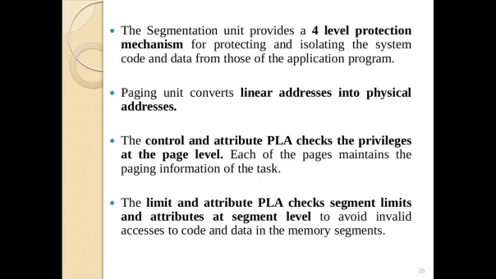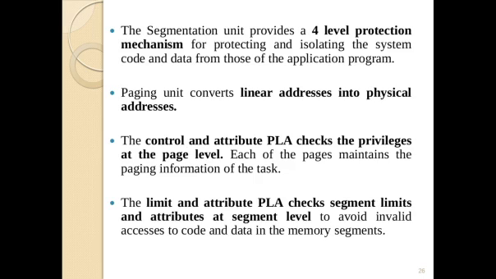By checking the privilege value, access will be provided for the page. If the page is not within the accessible limits, then there will be an interrupt or exception, because the privilege level is not sufficient to access that page. The limit and attribute PLA checks segment limits and attributes at the segment level to avoid invalid access to code and data in the memory segments.